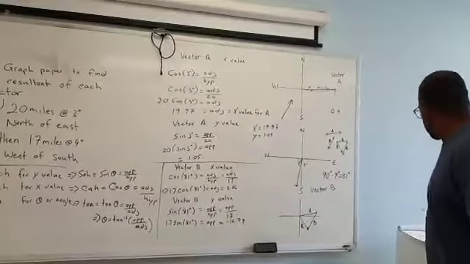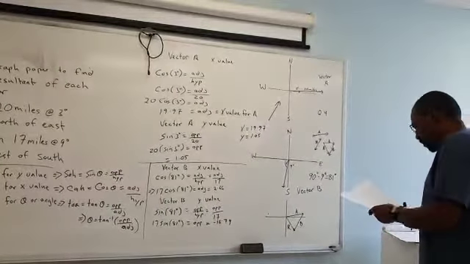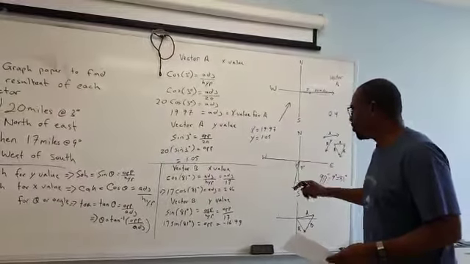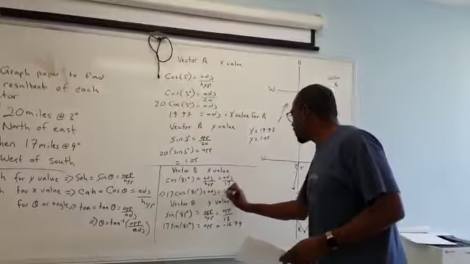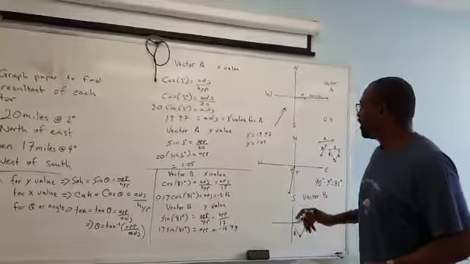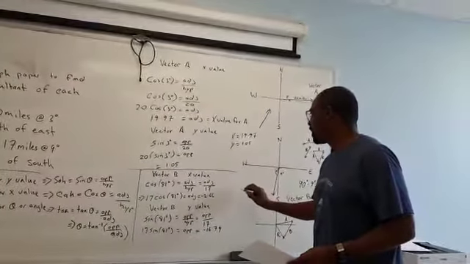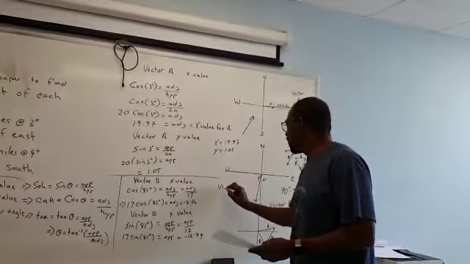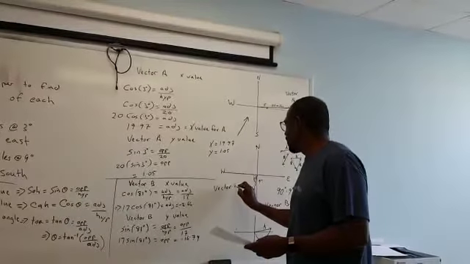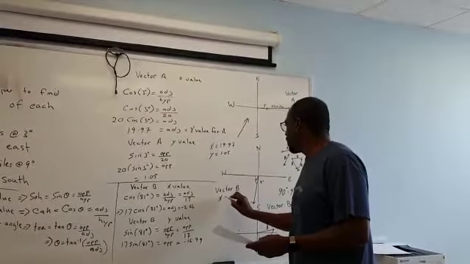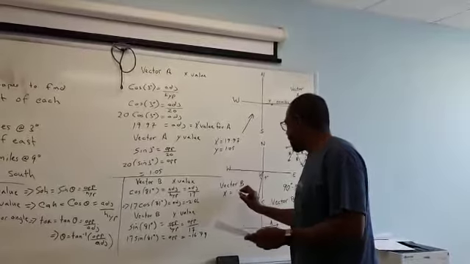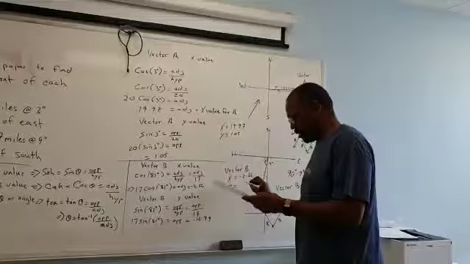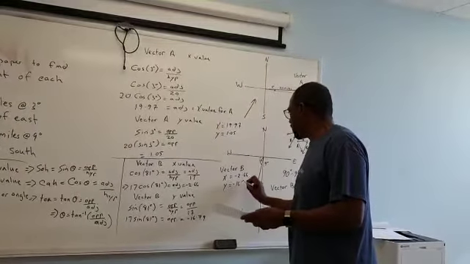Also, this x value should be negative because it's going in a negative direction as well. So for vector B, x equals negative 2.66, y equals negative 16.79.